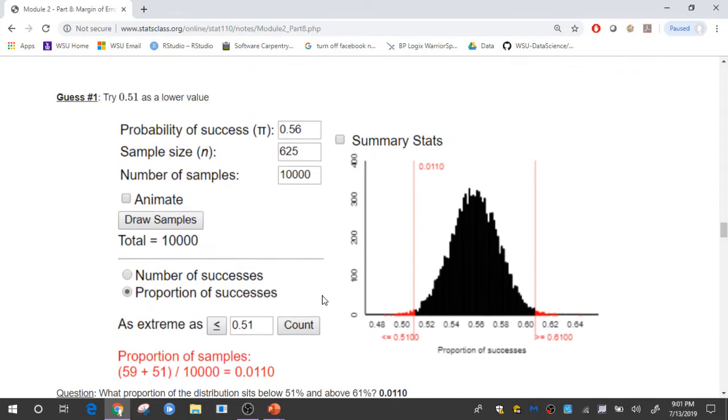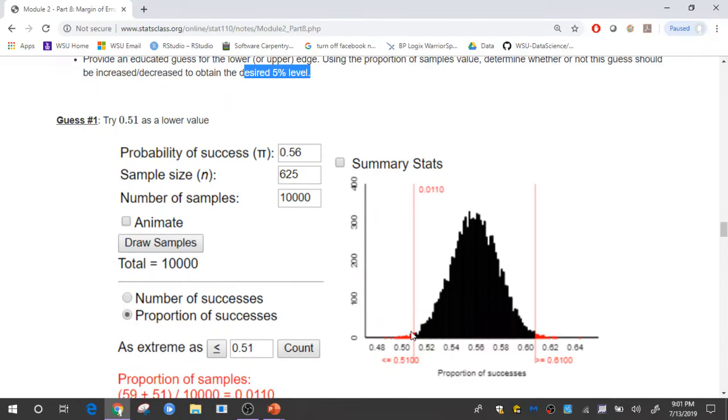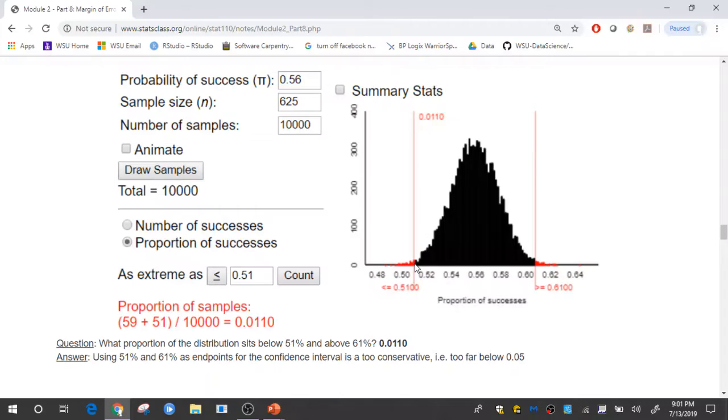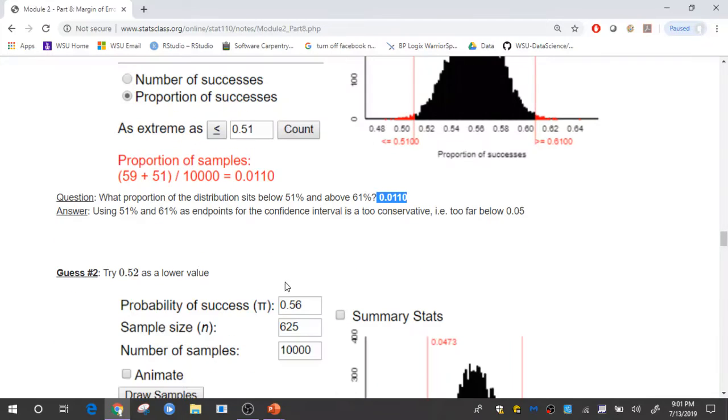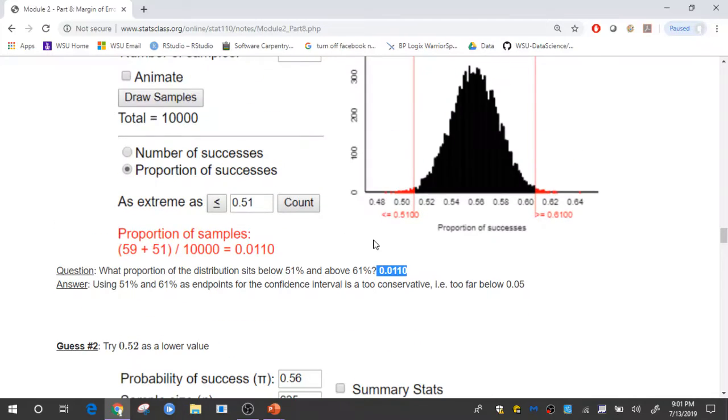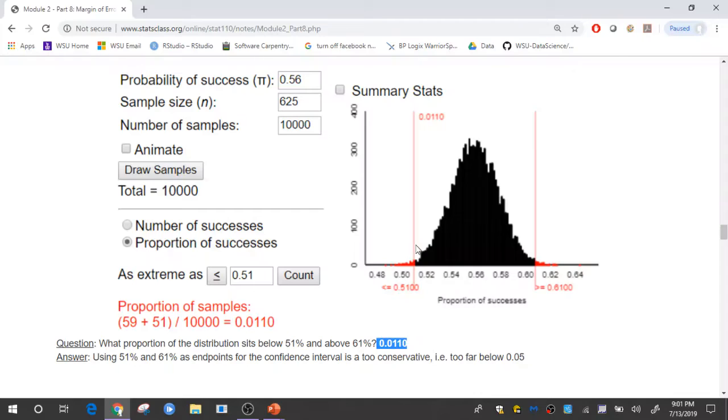It looks like 51, a lower value of 51, is a little bit too conservative. The proportion of dots that are as extreme or more extreme than 0.51 is 0.011 here. Again, we're trying to make that value close to 0.05. What I need to do is move that 0.51 up in my distribution a little bit.